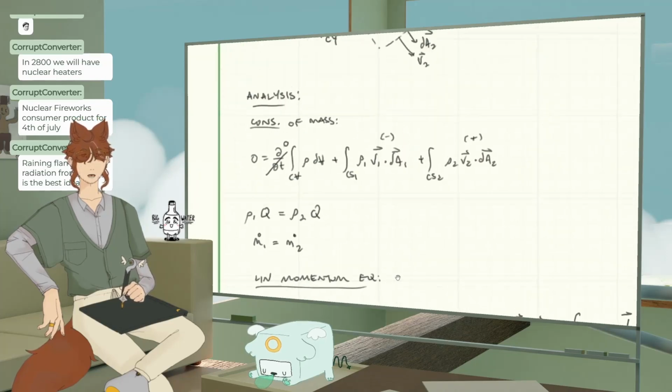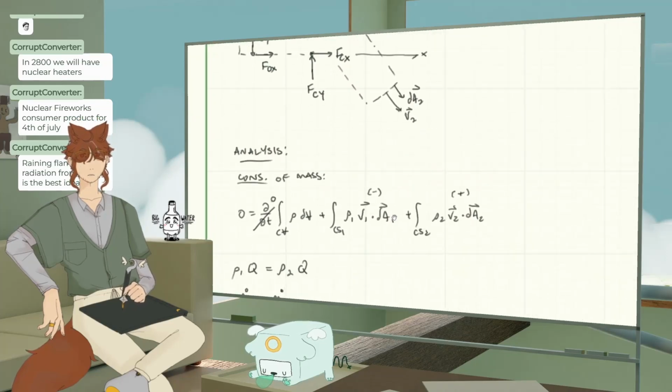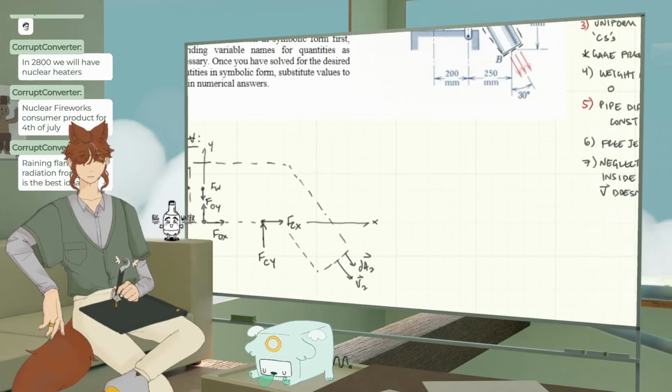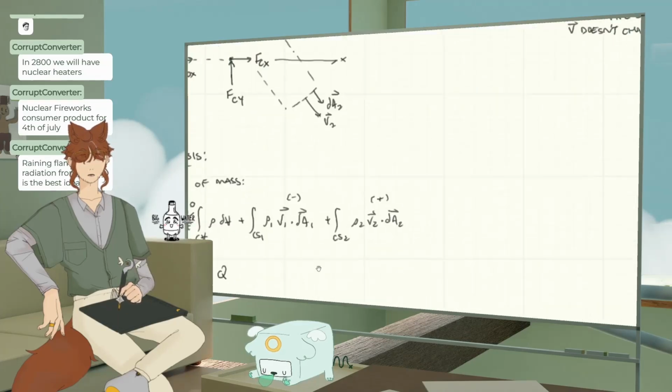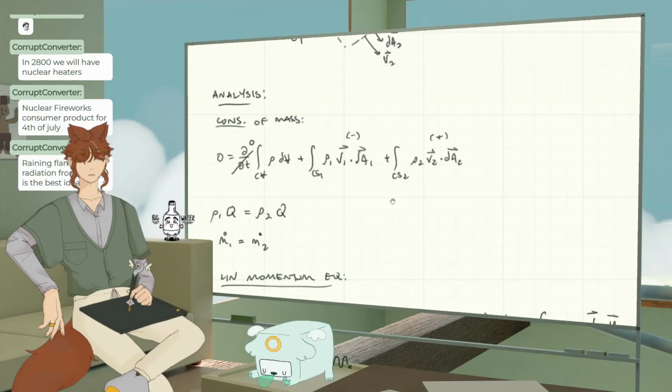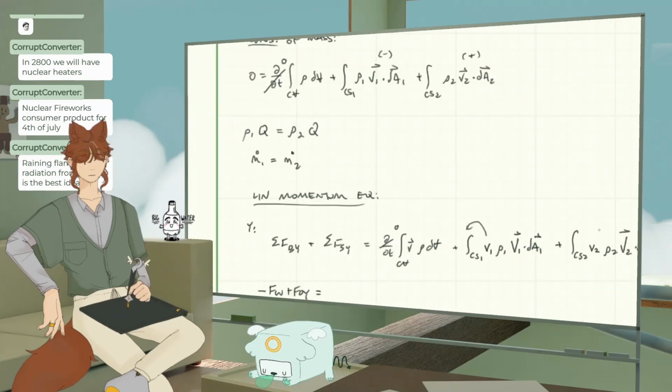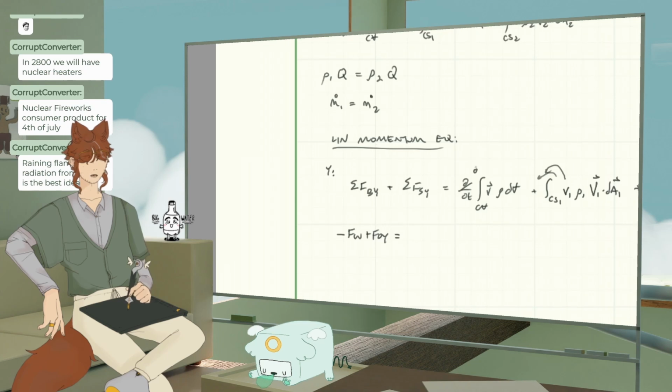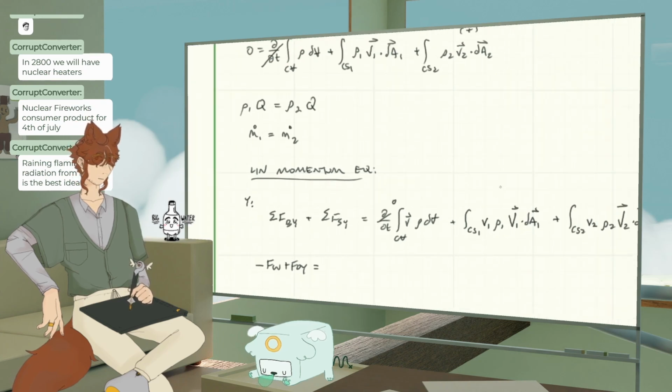We'll see. Okay, so CS1, V1, we know that V1 is V2. I assume they are uniform V's over CS's. Incompressible as well, so we can pop all these out. I mean, it's fine. Basically everything pops out.